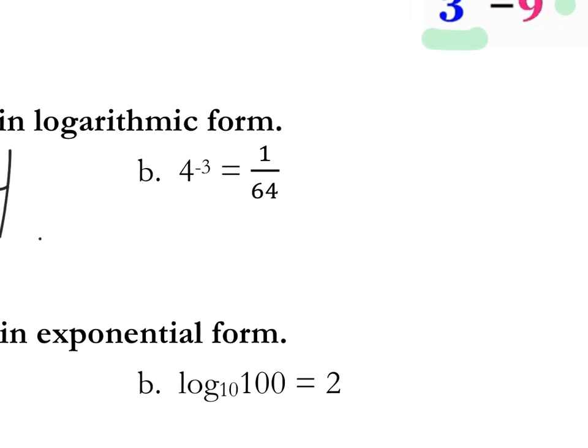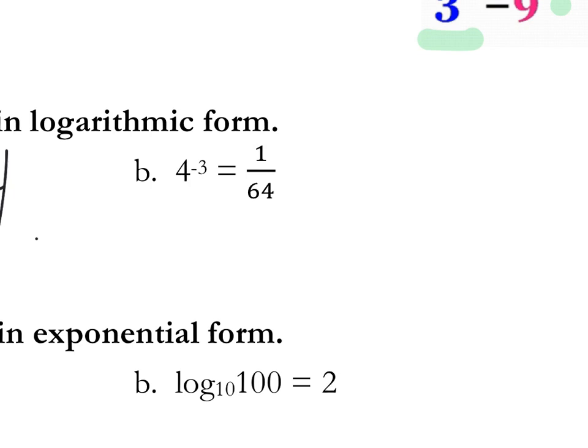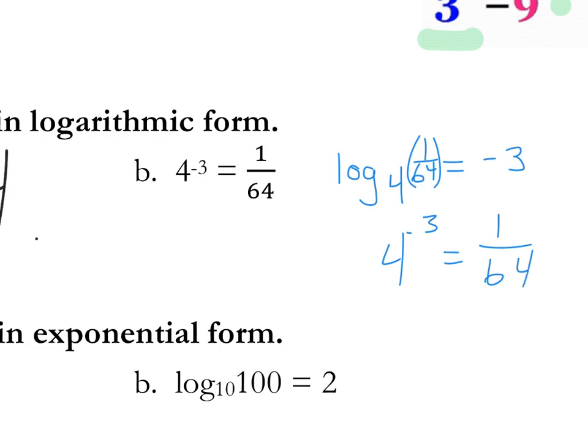Let's look at another example here in part B. Here we have a base of 4, so we're going to write this as log base 4. I know that the answer is an exponent, so this will be negative 3 here, which means that I'm going to put 1 over 64 right there. Why does that work? Because 4 to the negative third power is 1 over 64.